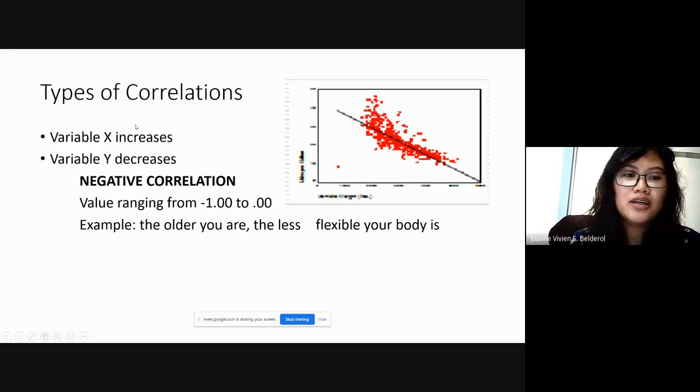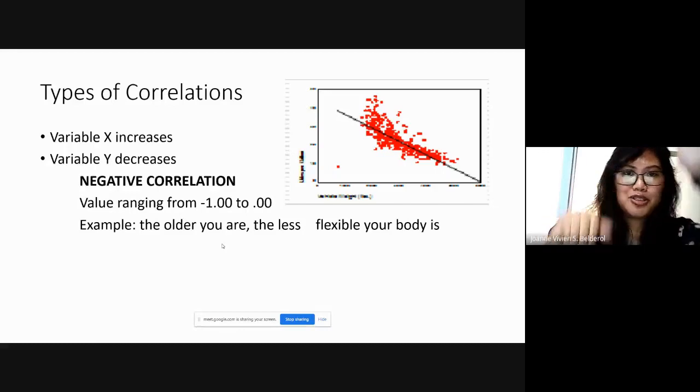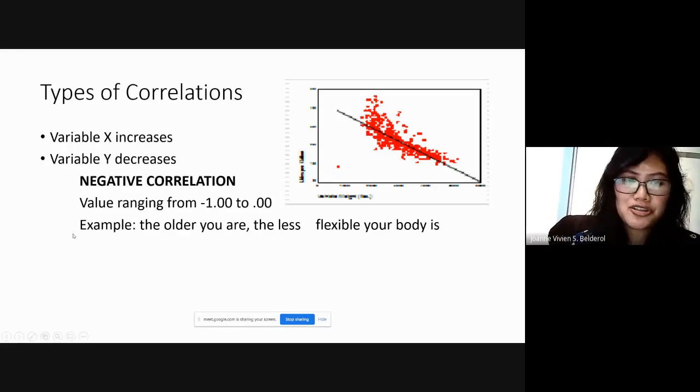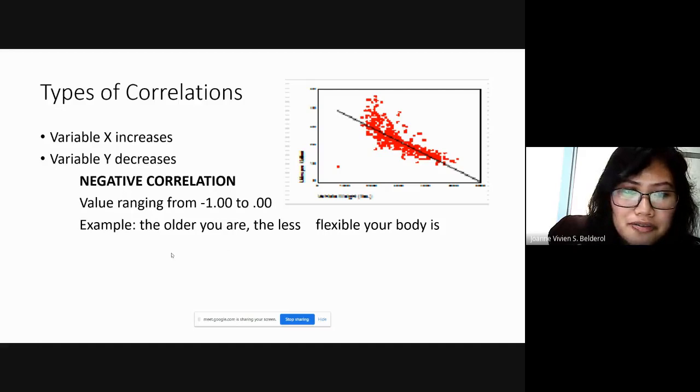Okay? So an example of a negative correlation, the older you are, so the more mosaka imong edad, the less flexible your body is. So opposite ilahang directions. Okay, follow so far? Yes. Okay ra? Yes, ma'am. Okay. Question so far?